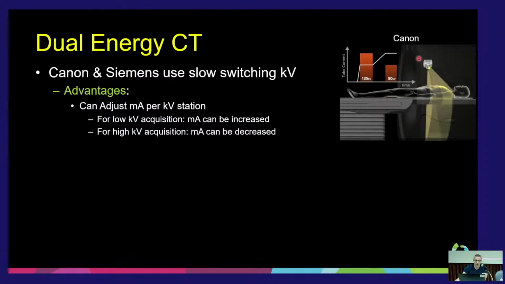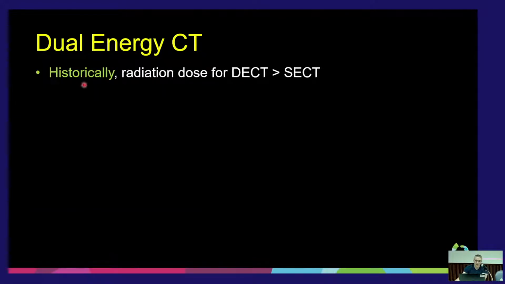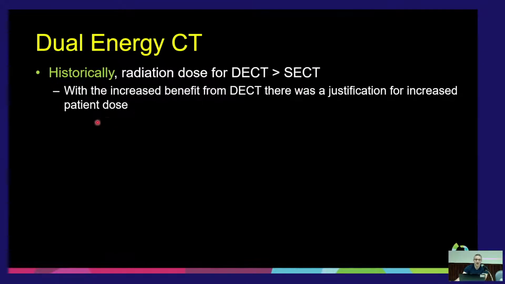The slow switching, the spin. Advantages for that are, as I said, you can do all your tube current modulation and set the right kV for each one. And the same thing with the split beam. You can do tube current modulation. As I mentioned, historically, radiation doses for dual energy were always greater than single energy CT acquisitions.